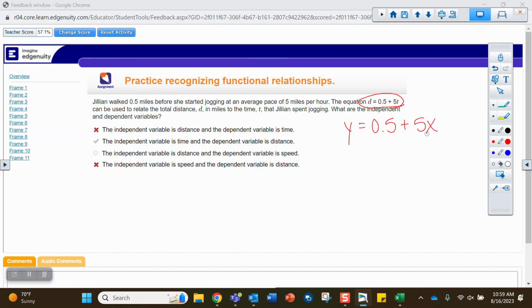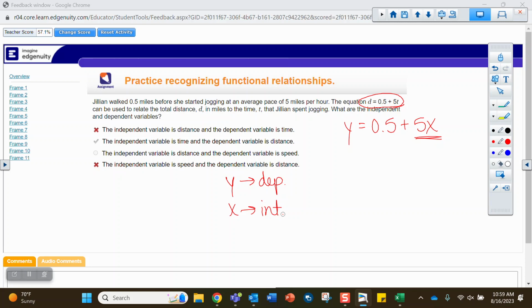So x is always our independent variable, and y is always our dependent variable. You can see that x is where t is, and that's always where it's going to be. It's always going to be y equals, and the x variable is going to be independent. So y is dependent, and x is independent.